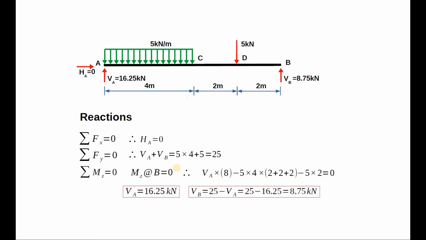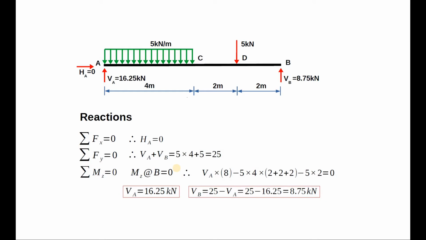We can take moment about any point on the beam, depending on what reaction we want to find out first. We'll take moment about B. Let us say we want to find out reaction VA first. Looking at the equation for the moment, there are three parts to it.